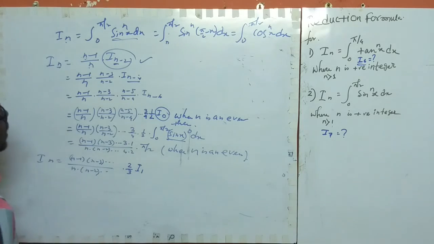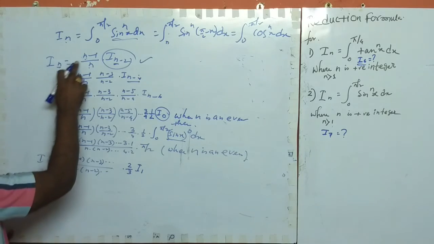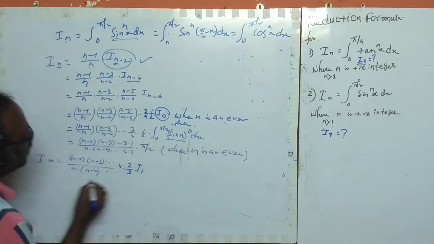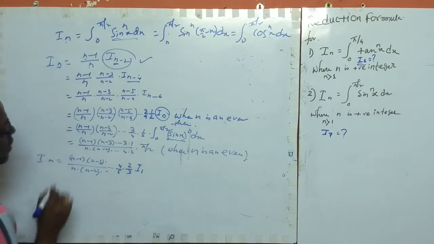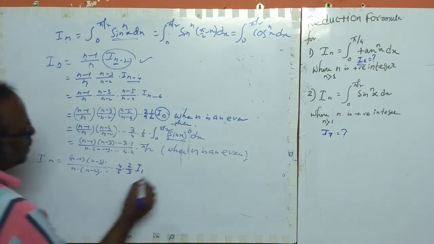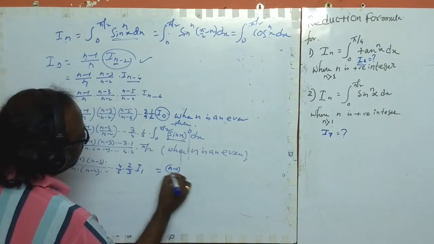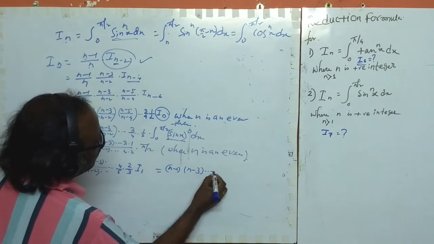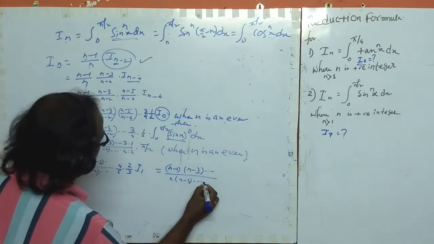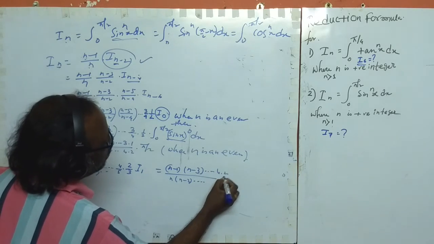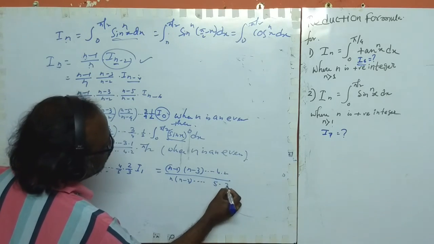Again, the previous odd number in the sequence is 5. If we put 5, then 5 minus 1 is 4, and this is 5 here. And this is n minus 1, n minus 3, and so on, by n minus 2, that is 4 dot 2 by 5 into 3.